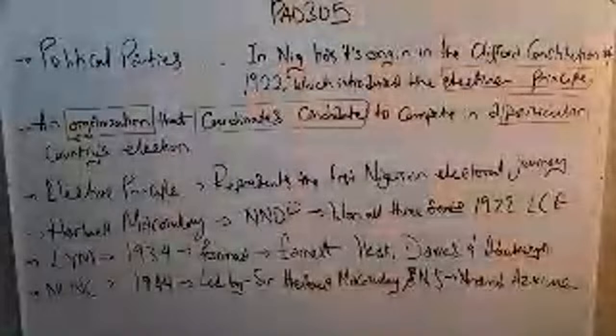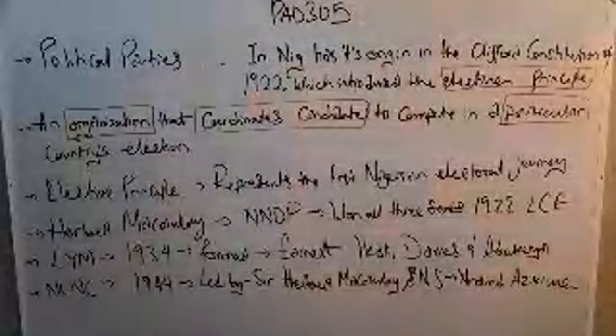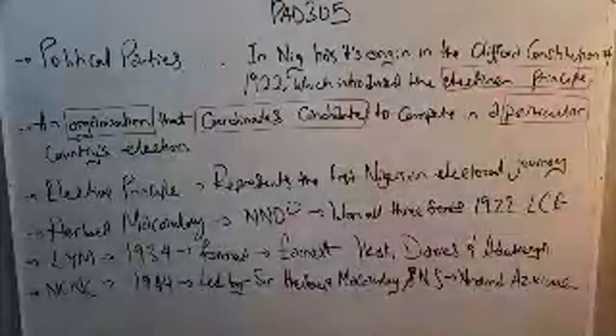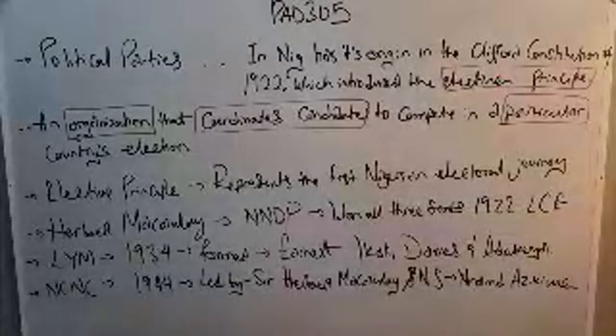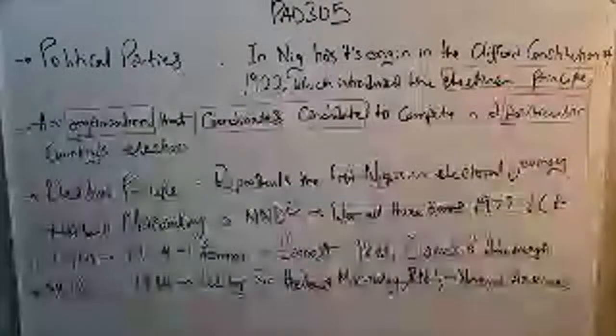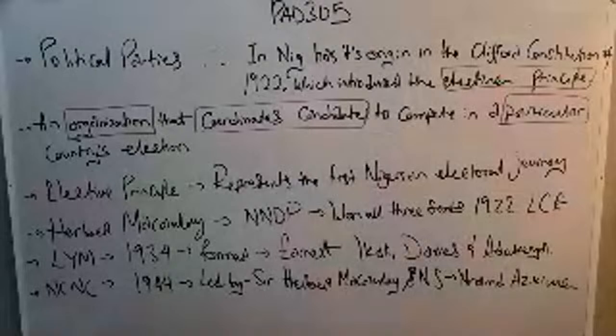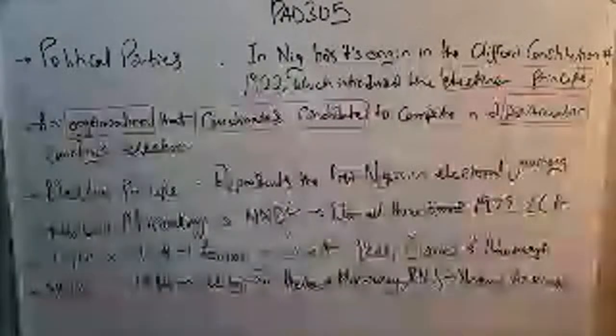So let's take a step further. Now we have political parties in the First Republic. What did it look like? Political parties are the backbone of a democratic system of government, which is very true. Parties became necessary to represent a national journey for political parties to mature.